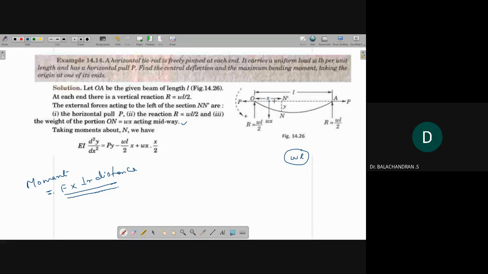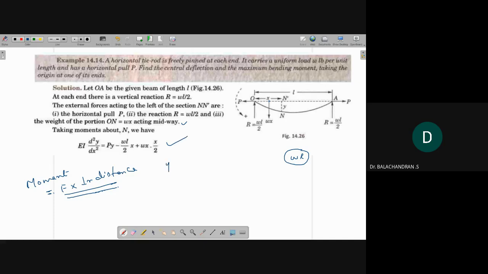The force is WX, and the perpendicular distance is this distance O to X, that is X by 2.